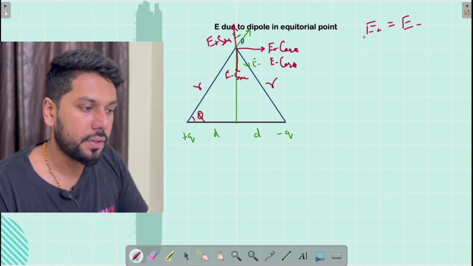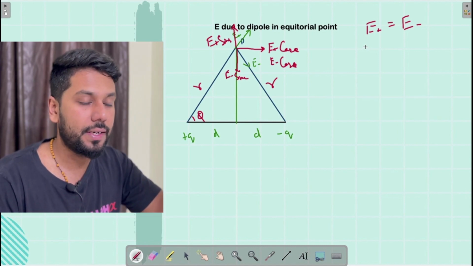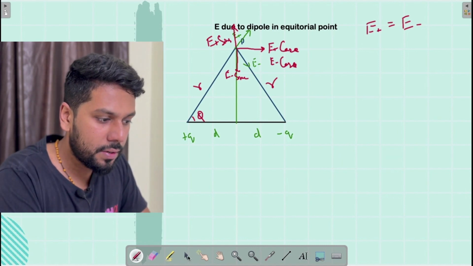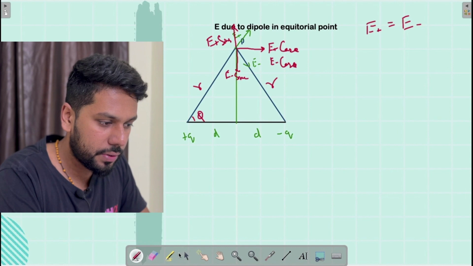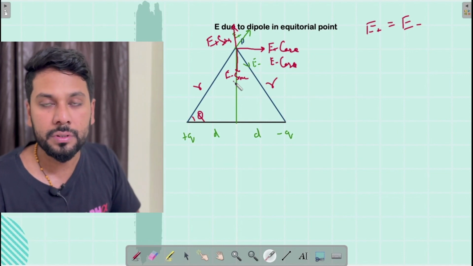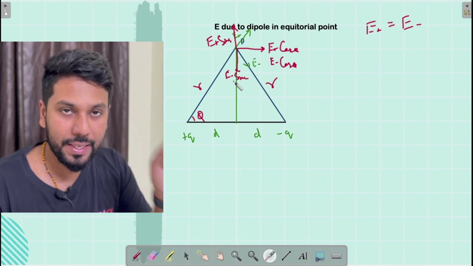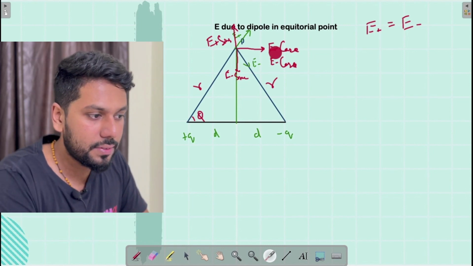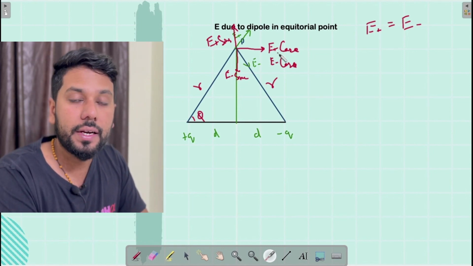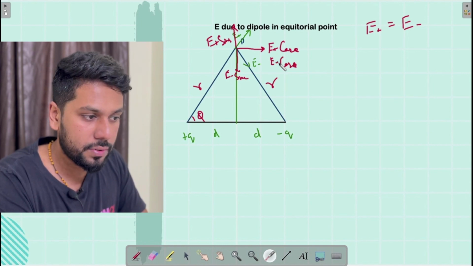All right. Now, E plus sin theta and E minus sin theta will be the same in magnitude. Understood? And they are in opposite directions, so they will get cancelled out. The sine components will get cancelled out. But the cos components are in the same direction and will get added up, students.